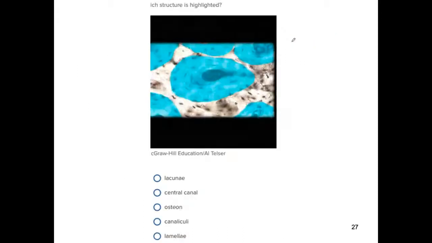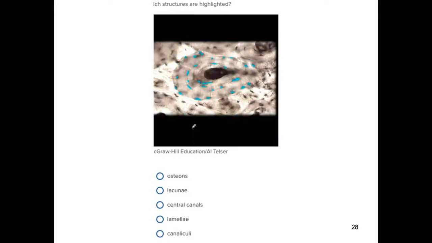Okay, that's all. So what is this blue highlighted structure right here? This entire thing is called an osteon. What are these cavities here, the blue highlighted cavities? Those are the lacunae. What's in the lacunae? That's an osteocyte. Okay.